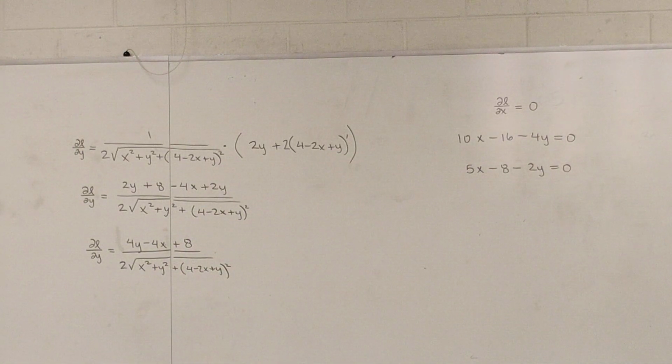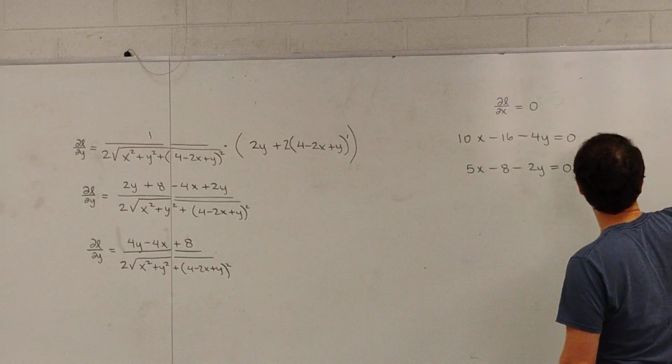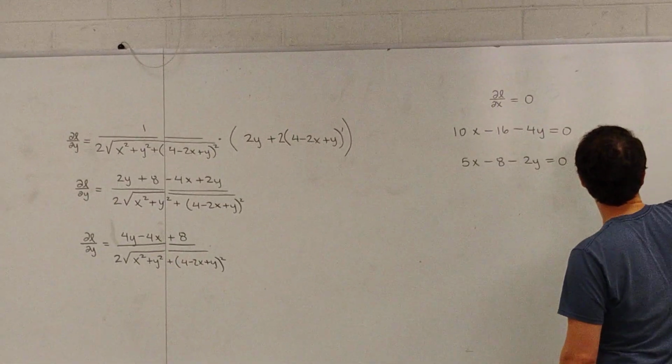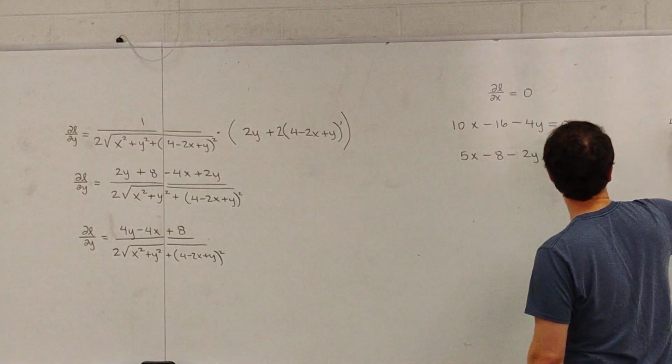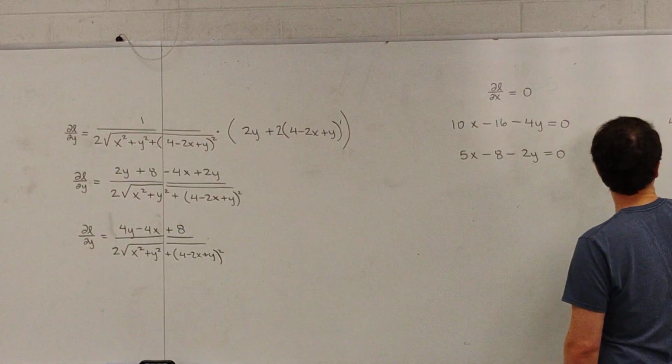And so far unhelpful. I didn't land on x equals 3, x equals 4, y equals 7, nothing like that. So let's grab our partial with respect to y. Set that equal to 0.